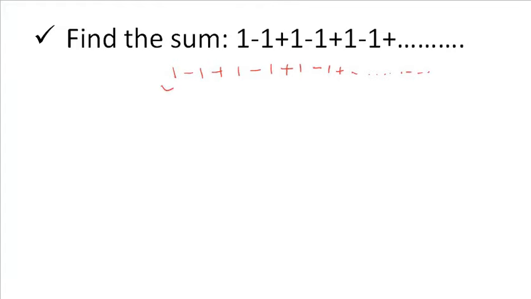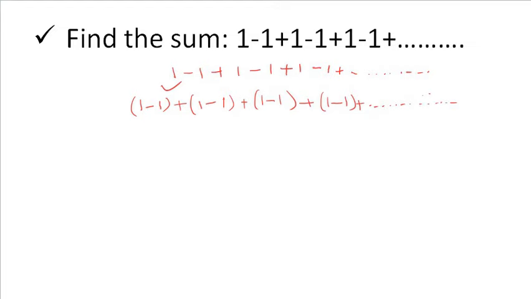After seeing this series, you will definitely see that you can pair the terms like this: plus 1 minus 1, plus 1 minus 1, plus 1 minus 1, and so on, the series goes on up to an infinite number of times.